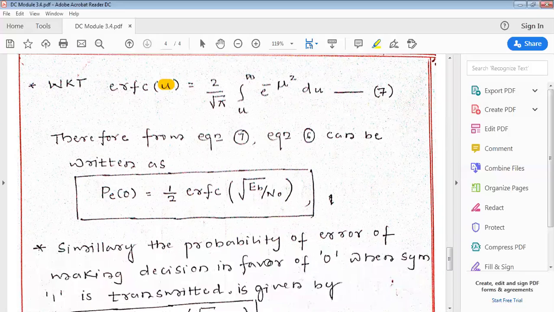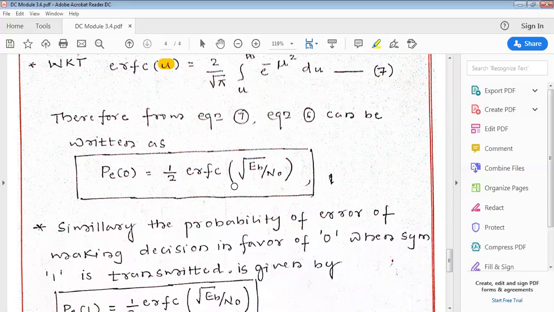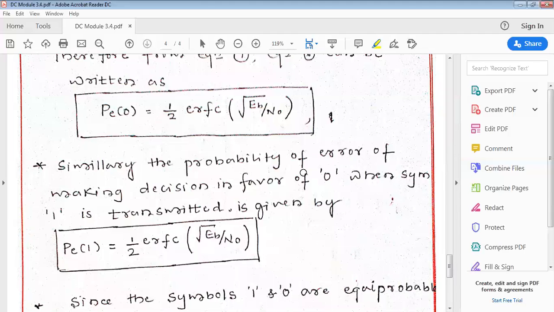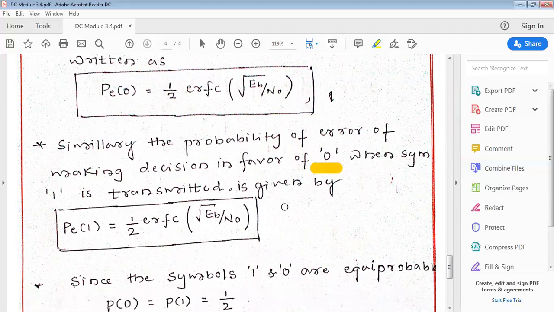So this is the probability of error equation when you transmit symbol 0 and the receiver makes the decision in favor of 1. Similarly, the probability of error of making a decision in favor of 0 when symbol 1 is transmitted is given by the same equation.